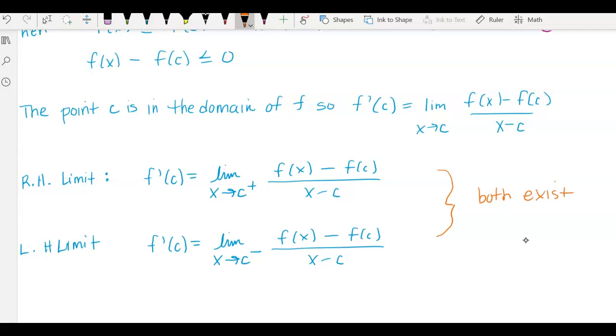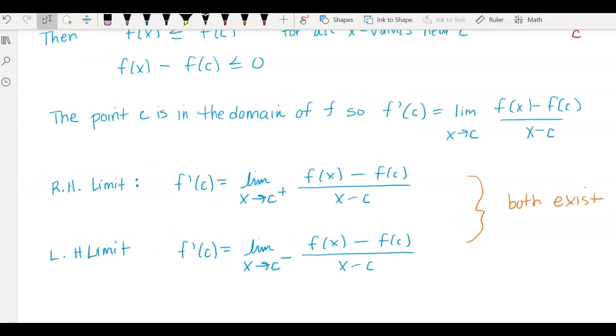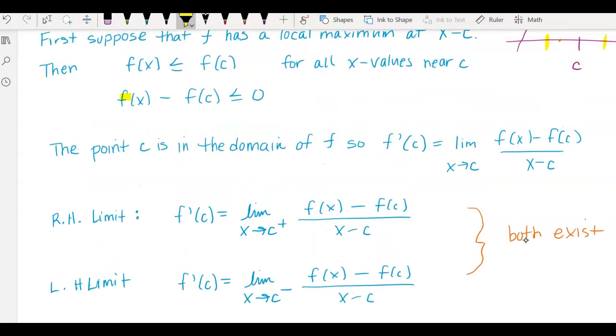Now, here's the part where it gets a little interesting. Up here, we said that this quantity is a negative number. That's showing up here, and that's showing up here. So this, I'll make it purple, is going to be a negative number, something less than or equal to 0.